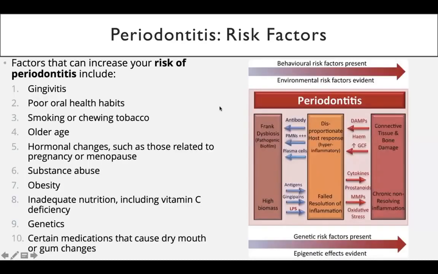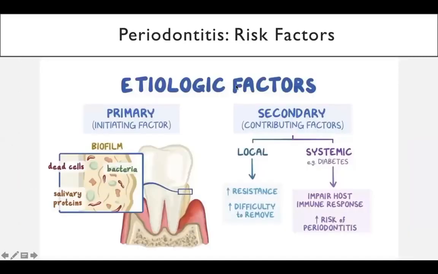Okay, so risk factors were the same as gingivitis, except gingivitis itself can lead to periodontitis. And then we had some primary and secondary factors. Primary factors are bacteria. Secondary factors, other than the primary bacterial infection, are local or systemic.